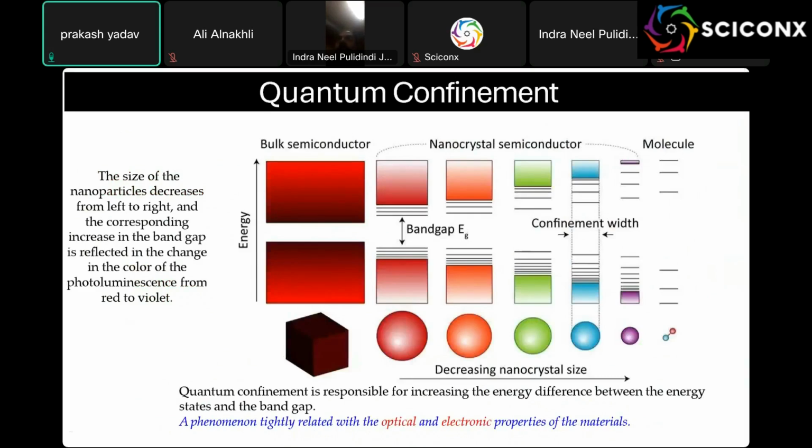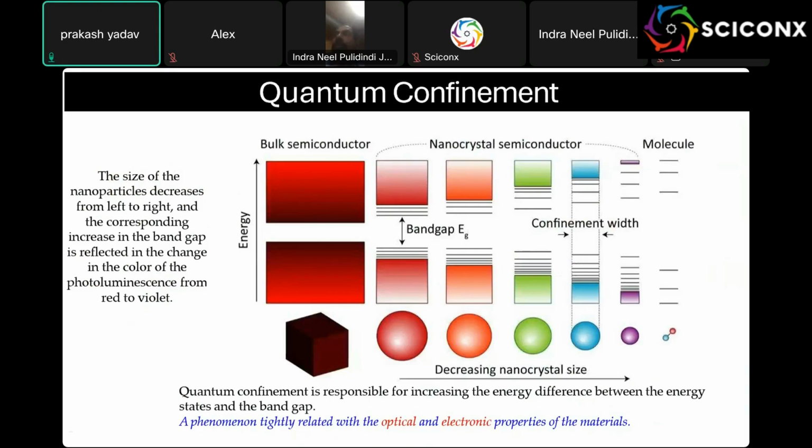Next is another possibility of quantum confinement. When the size of the nanoparticle is decreased, the band gap also increases due to quantum confinement. In this image, you clearly see the bulk particles have continuous band structures.